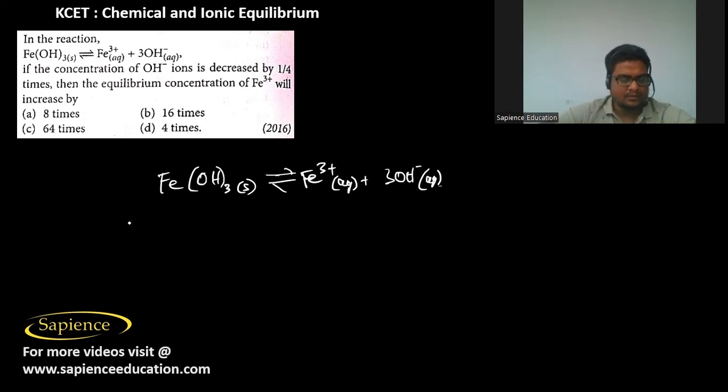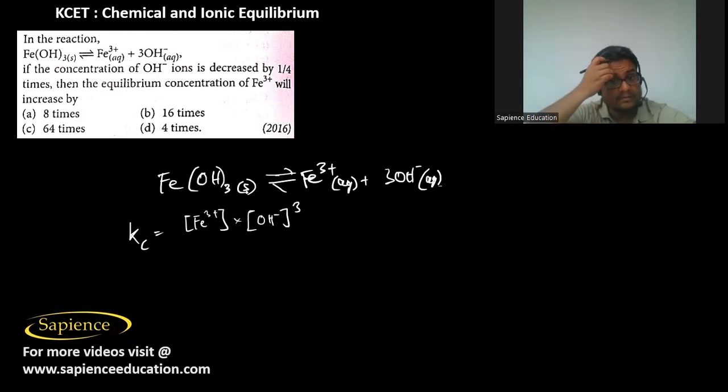Now here you can write the value of Kc. So Kc will be equal to the concentration of Fe3 plus ions into the concentration of hydroxide ions whole cube, since solid should not be used. Now if the initial number of moles of ferric hydroxide is 1, and x moles has reacted, then x moles of Fe3 plus and 3x moles of hydroxide ion will be formed.